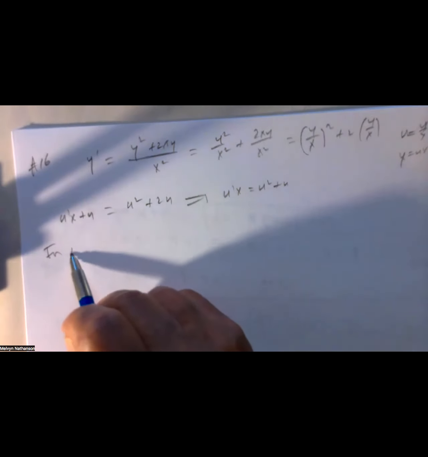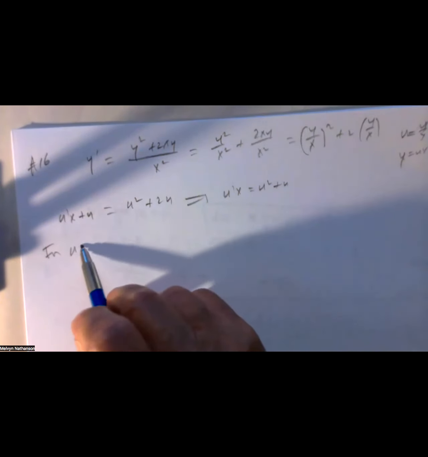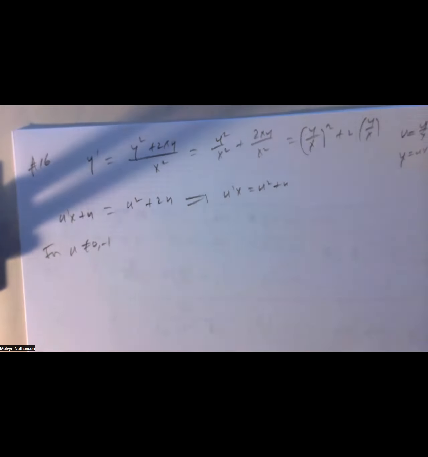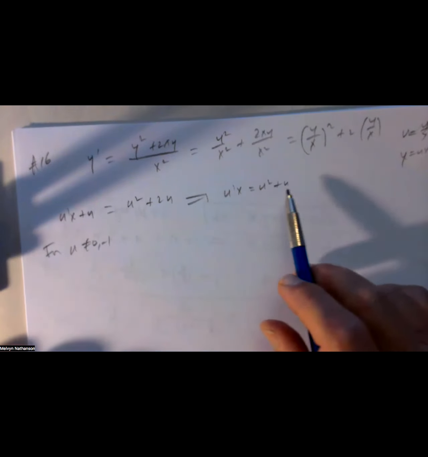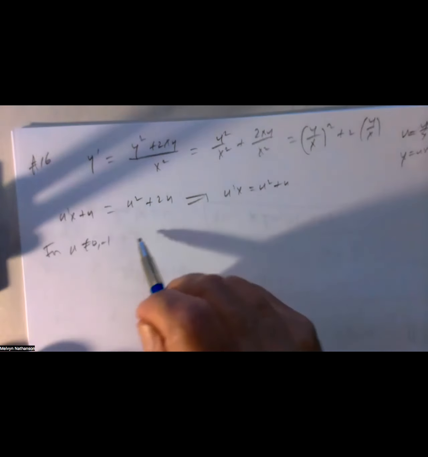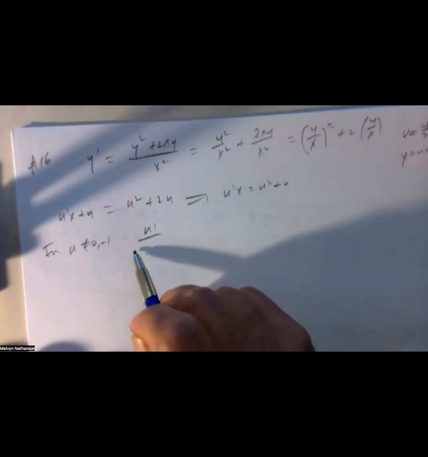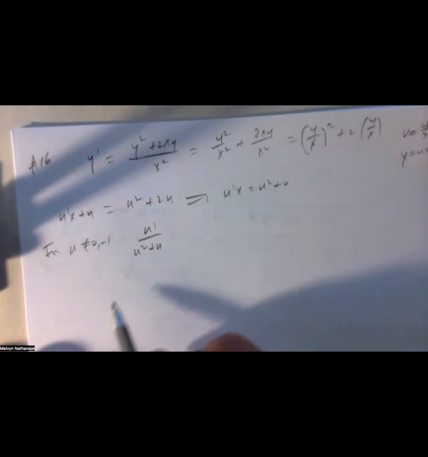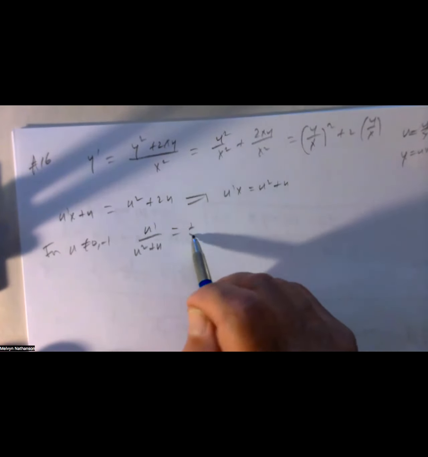So for u not equal to 0 or minus 1, I can divide by u squared plus u. I get u prime over u squared plus u equals 1 over x.